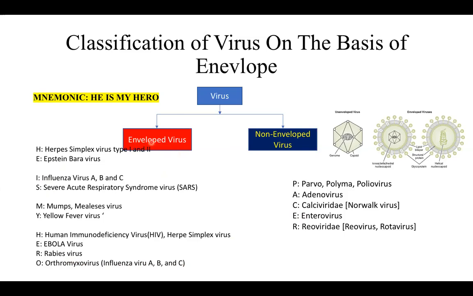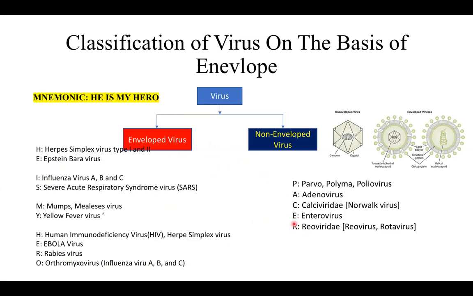And the other type of viruses do not have an envelope, they are known as non-enveloped viruses. The mnemonic is PACER, P-A-C-E-R, or PACE, or you can say race, R-A-C-E.